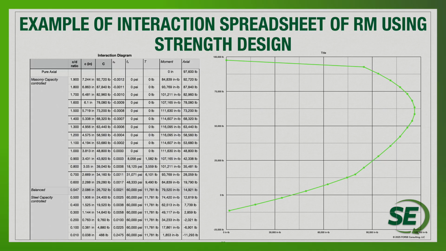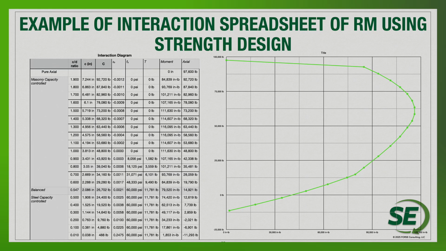We can see how the force in our reinforcement is going to be 0 when it's mainly in compression, but then you can see the tensile force starts to develop as we get past the balance point, and then you can see the moment capacity as it changes with the different axial forces that would be allowed. So again, you can see the axial capacity, moment capacity, interaction line defined here for the overall design.